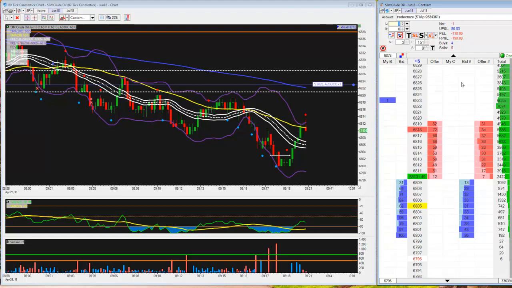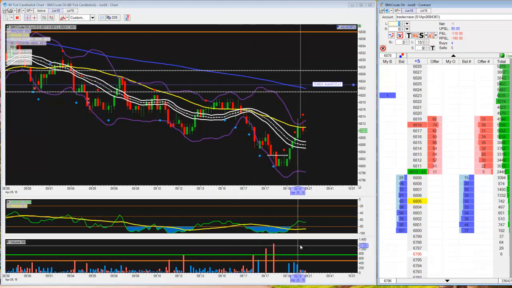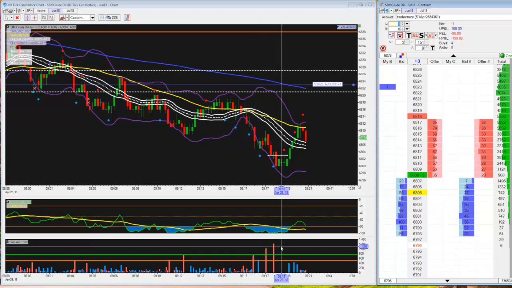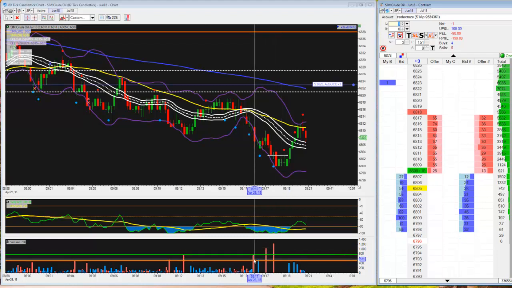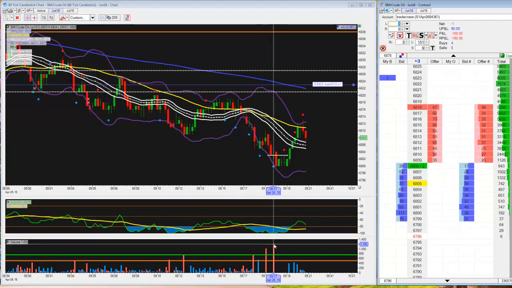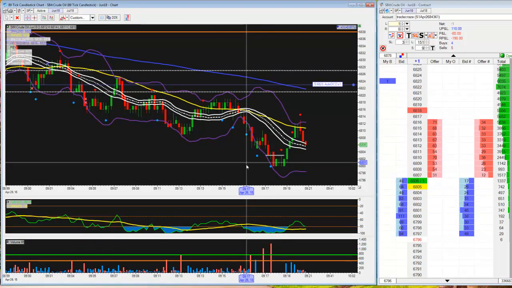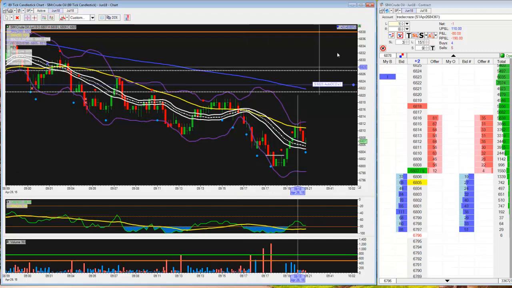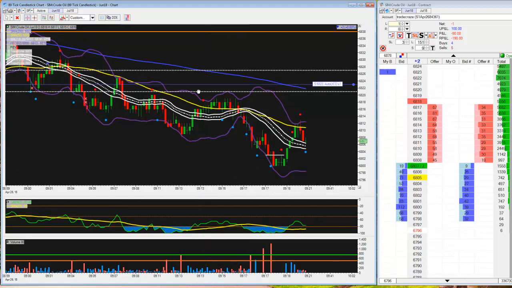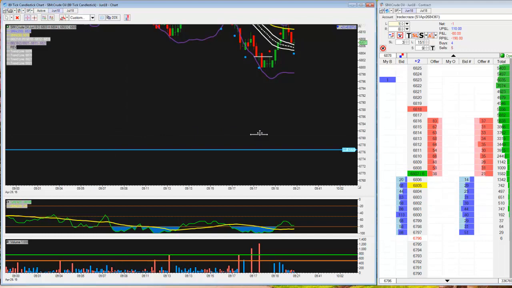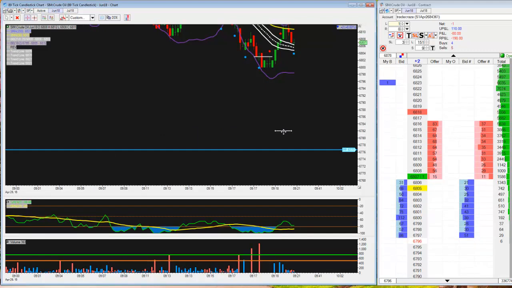We saw a couple red bars kicking in there. Next target down, 82.